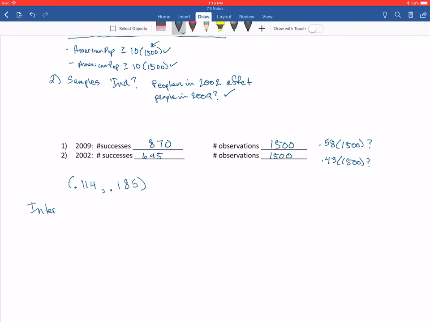Okay, so if I want to interpret this now, what I'm most concerned about is what I look for is 0 in there. Is 0 in the middle of those numbers?